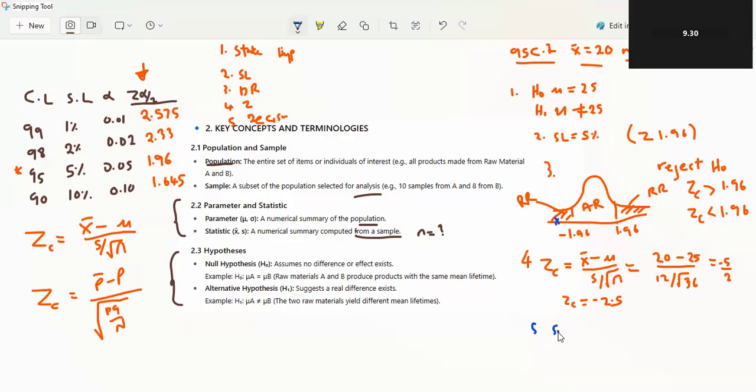Since Z calculated, negative 2.5, is less than negative 1.96, we reject H0. And what is the meaning of that? Reject H0, there's a significant difference in the means.